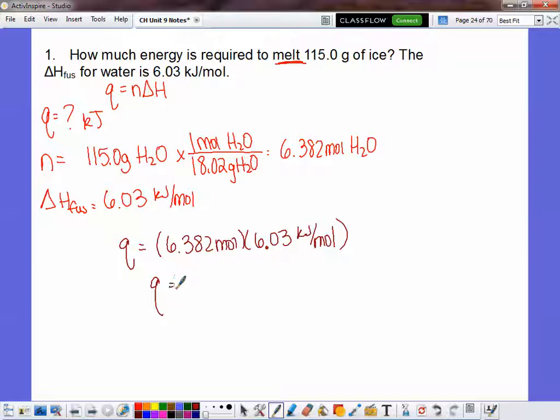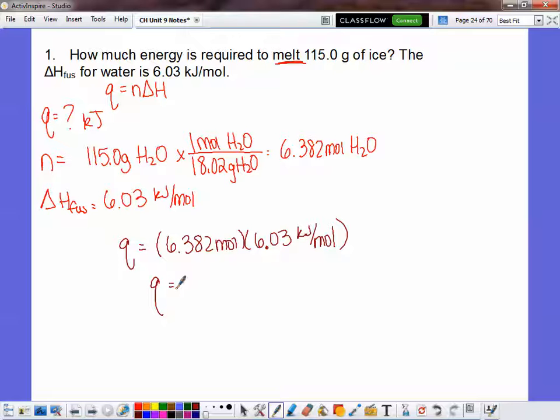How many sig figs will our Q have? 4, because delta H is a constant, just like C is a constant, so it doesn't limit our sig figs. So for this, the only thing you're going to look at for sig figs is your mass, or your moles.